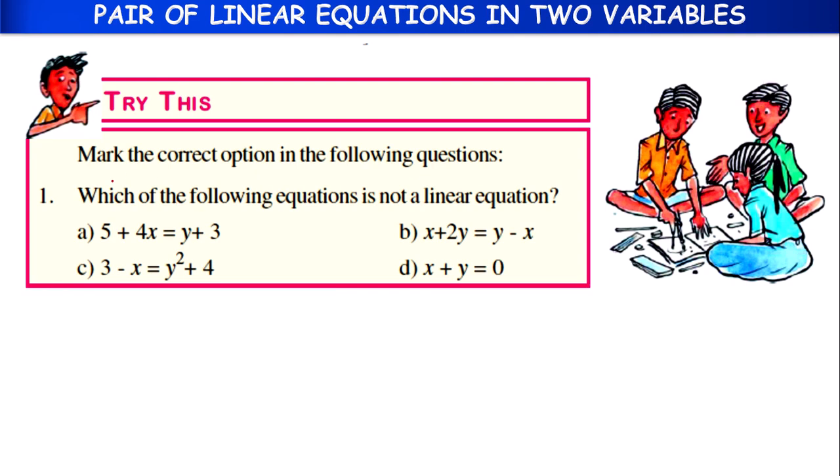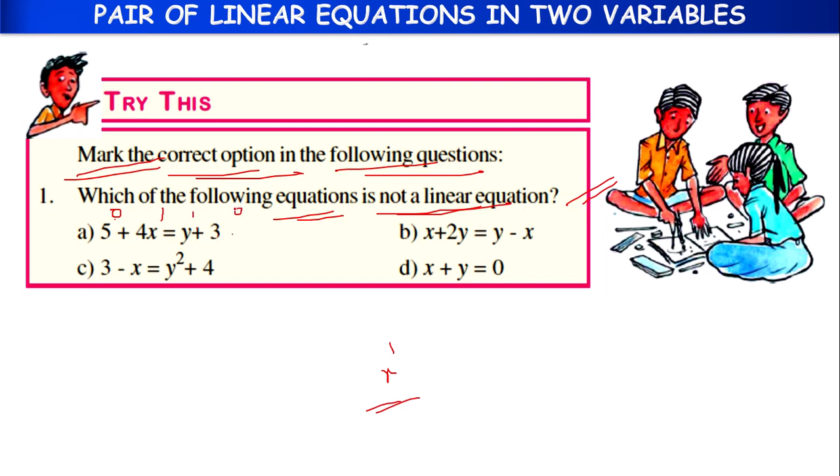Let's try these questions, children. Mark the correct option in the following questions. Which of the following equations is not a linear equation? Linear equation means it should have highest power 1. Here the highest power is 1, with two variables, so it's a linear equation in two variables.